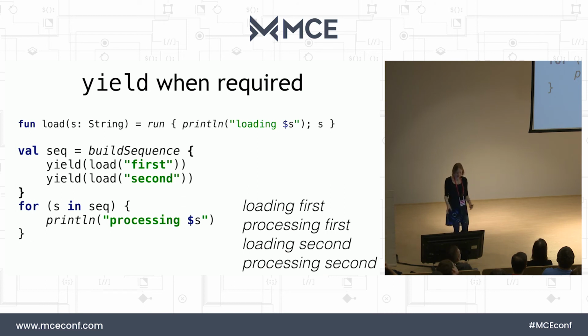So when you iterate over it, before processing the first one, it is loaded. And the second is loaded only after the first is processed. So that means that if you don't ask for the element, it won't be loaded, won't be gathered for you.